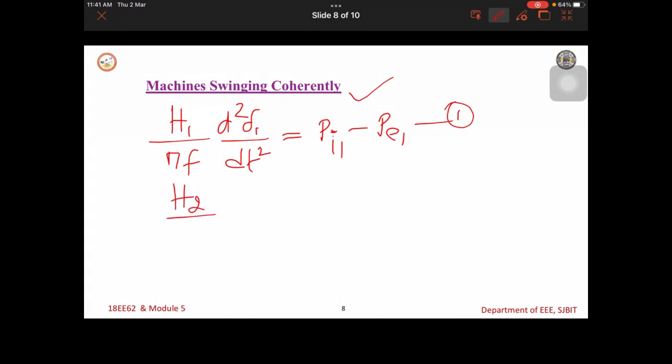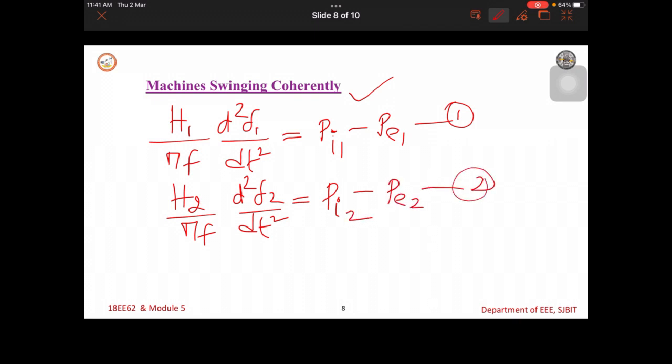Similarly, for the second machine we can write H2 by pi f, d squared delta 2 over dt squared is equal to Pi2 minus Pe2. Since the machine rotors swing in unison, the deflection in the rotor angle will be the same for both machines. The deflection in the rotor speed remains the same because they are connected in unison.